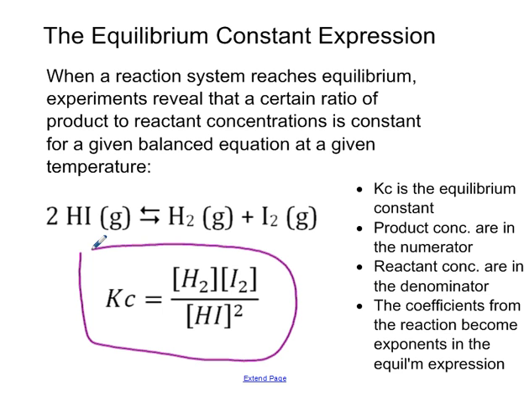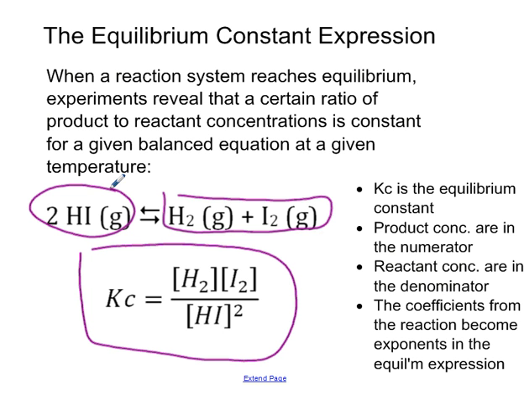Notice that the products from the equation become the numerator in the Kc expression, while the reactants become the denominator. So H2's concentration multiplied by I2's concentration is the numerator of Kc, and the HI concentration is the denominator.